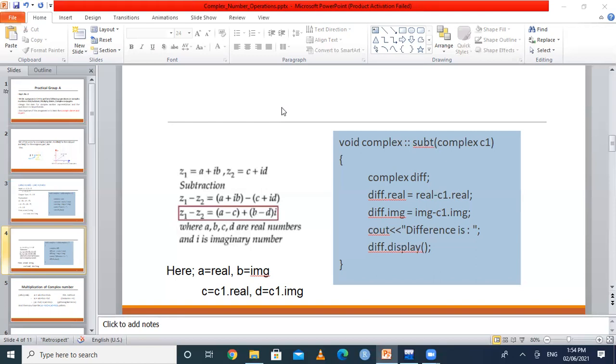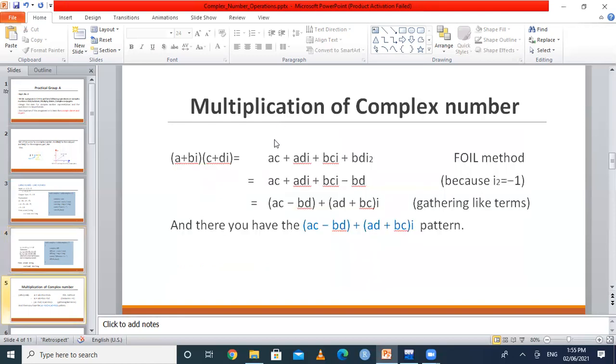Here we have to use certain formulas. Suppose the first complex number is a plus bi and the second complex number is c plus di, and we have to multiply these two. We multiply one by one, element-wise: a multiplied by c is ac, then a multiplied by di is adi, then b multiplied by c is bci, and finally bi multiplied by di gives bd times i square.